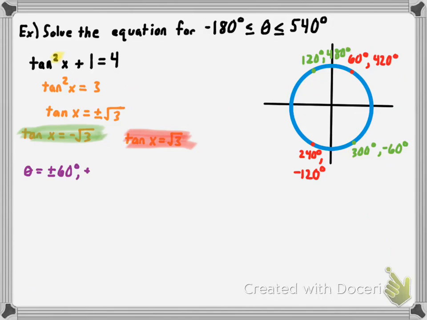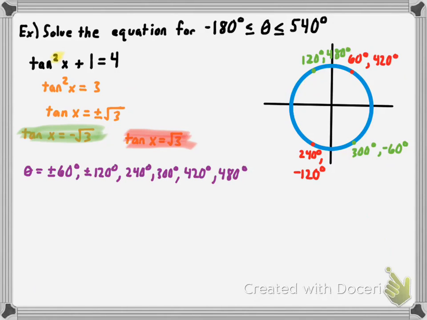It can be equal to either positive or negative 120 degrees. And I think that's all the opposites. Those were the only two negative angles, negative 60 and negative 120. But then we also had positive 240, positive 300 degrees, positive 420 degrees, and positive 480 degrees.